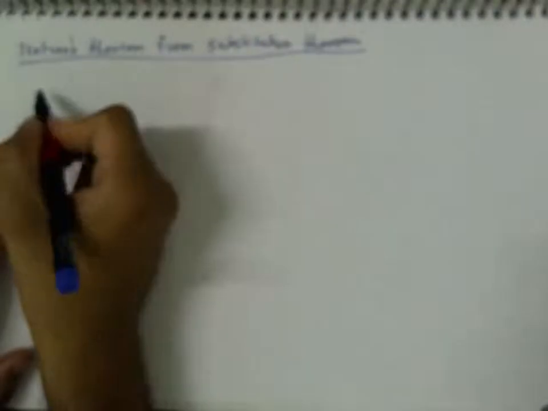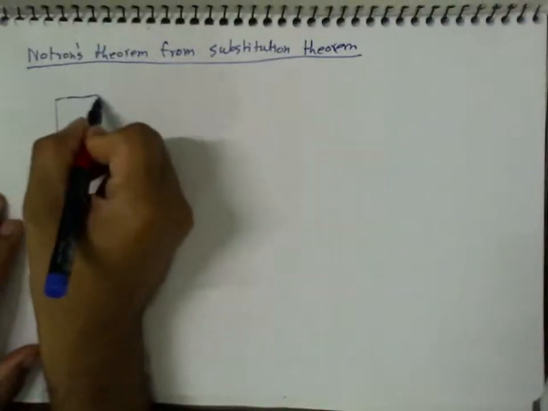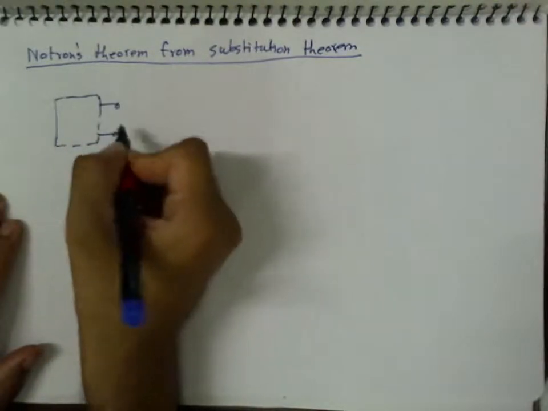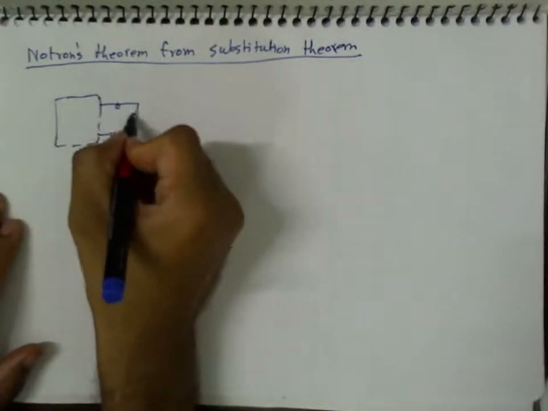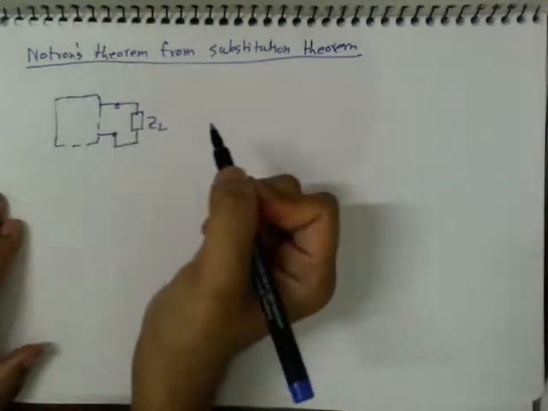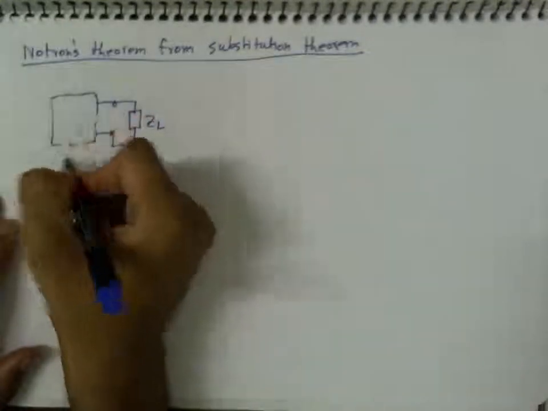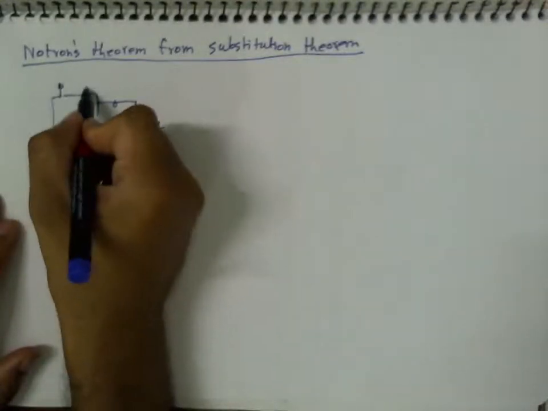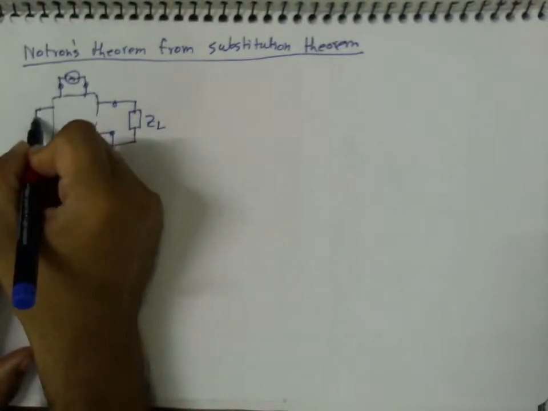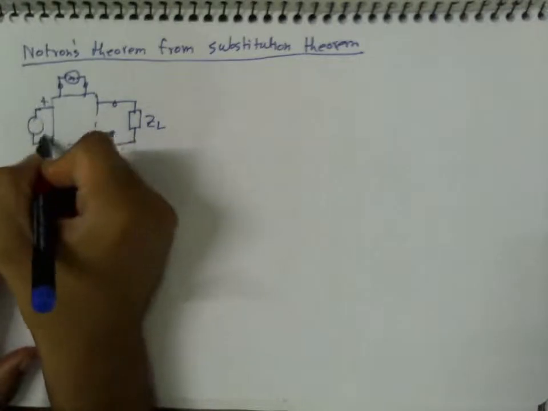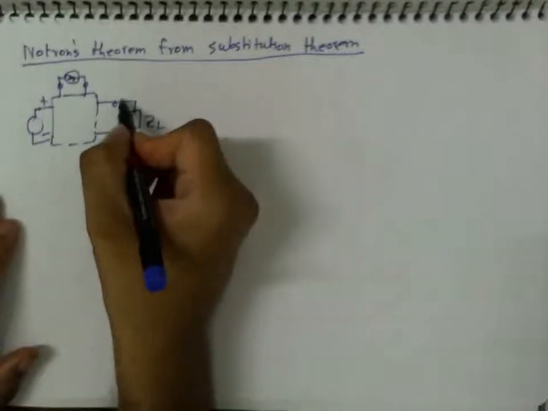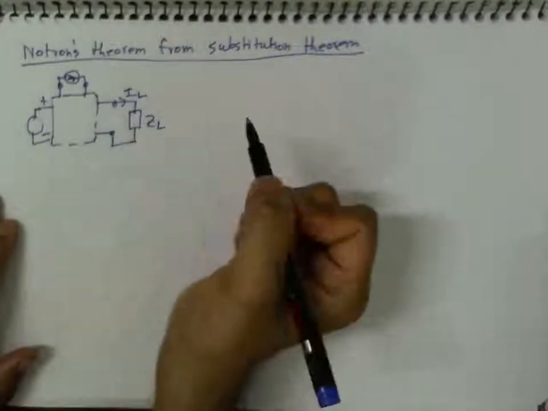Okay. Suppose once again I have a network and it has two external terminals in which a load ZL is connected, and it has a lot of internal current and voltage sources, and I'm interested to find the current IL in this branch.